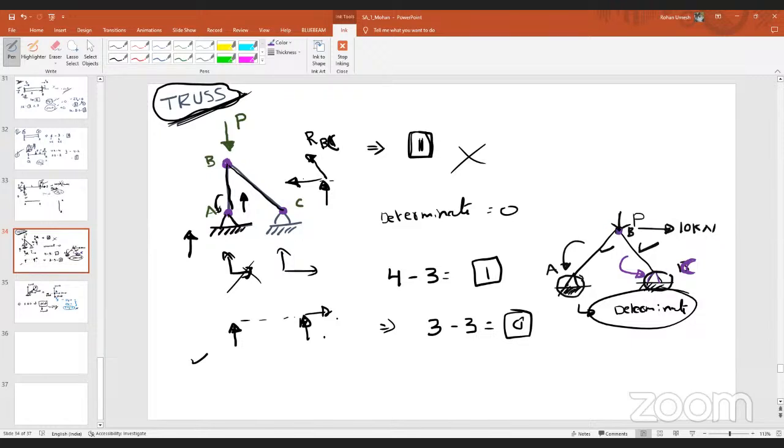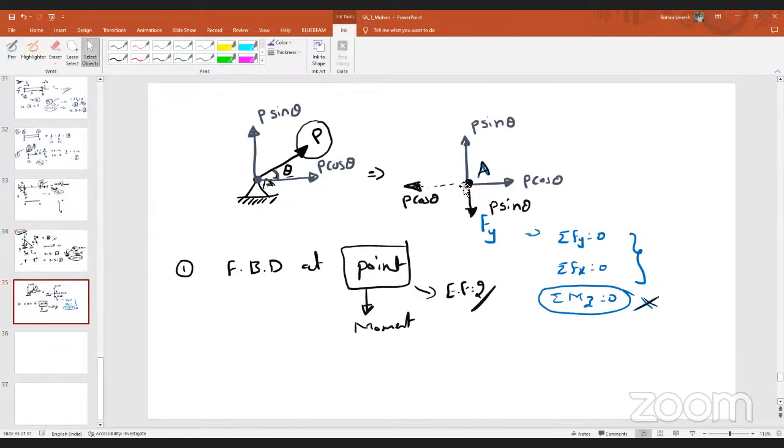So always you have to think that it doesn't matter which type of forces will exist, but if you look at this point, are you increasing any numbers? At point B, only two members are meeting. Just like in this case, I told you, if you are talking about the equilibrium equations at a point, or the free body diagram at a point, how many equilibrium equations does it have to satisfy?